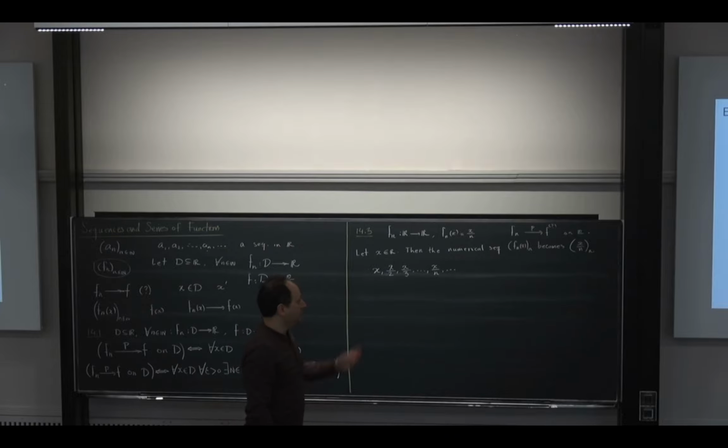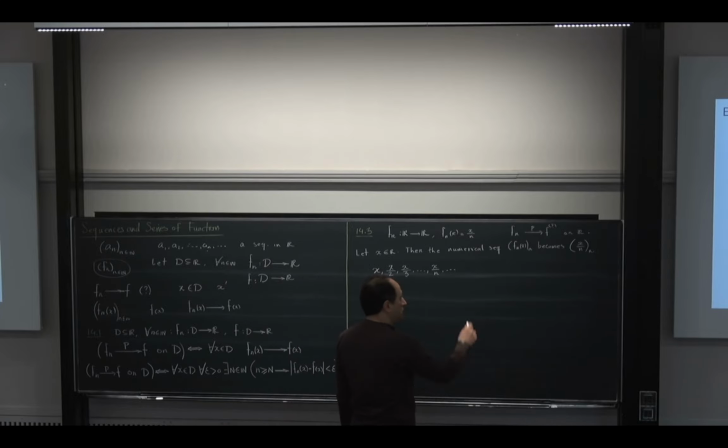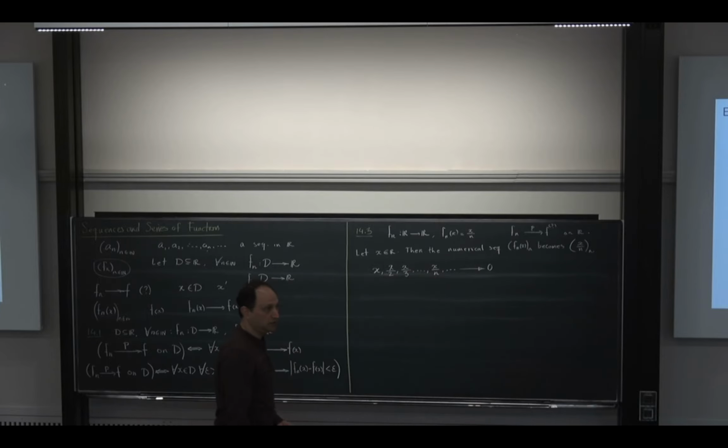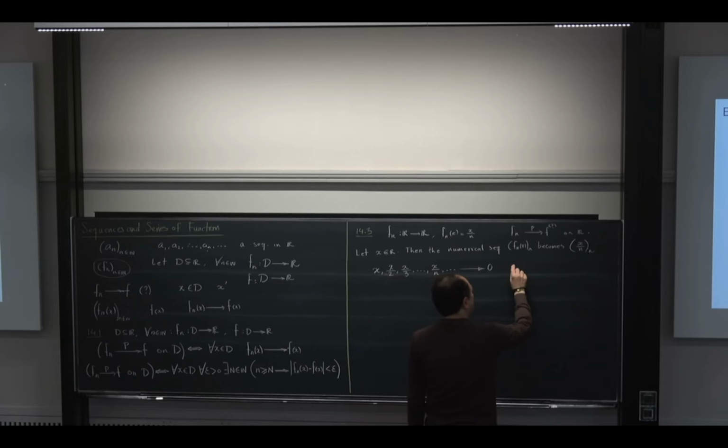Okay, so what is the limit of this sequence? x is fixed, 5, 7, 10, whatever, and then you are sending n to infinity. So it goes to 0. Is that clear? This means that the limit of x over n as n goes to infinity, for a fixed x, is 0.